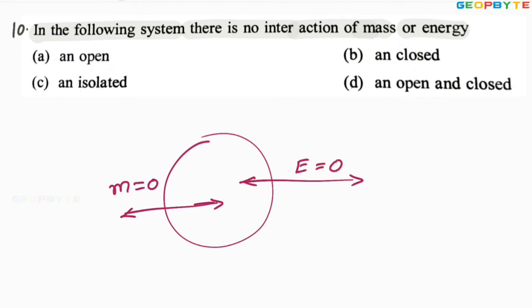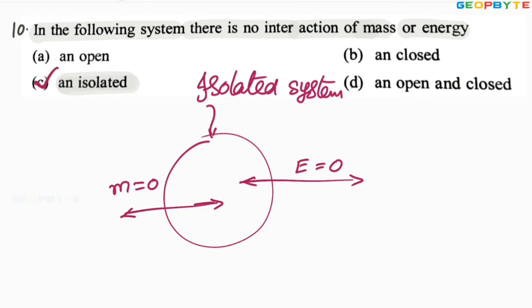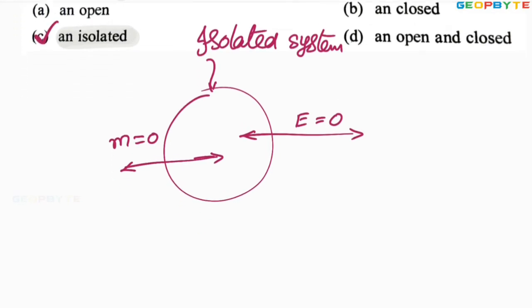What is the name of that system? Isolated system. In the isolated system, there is no mass interaction and no energy interaction. Therefore, option C is absolutely correct.